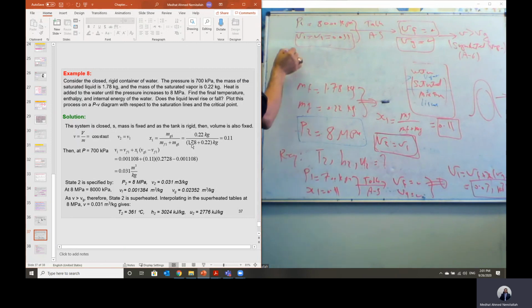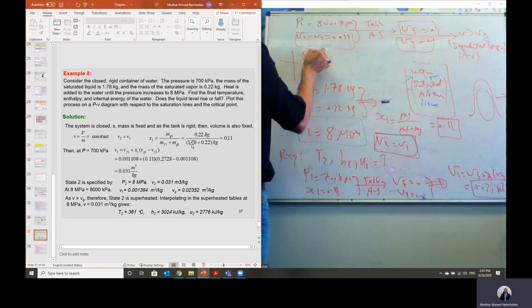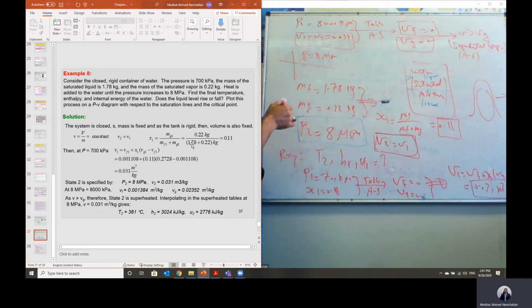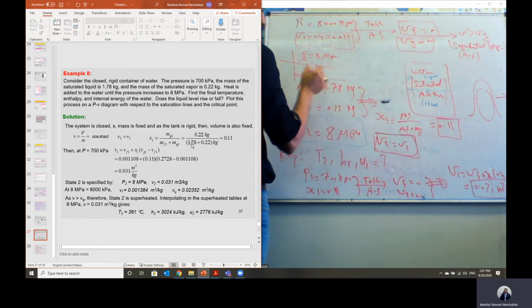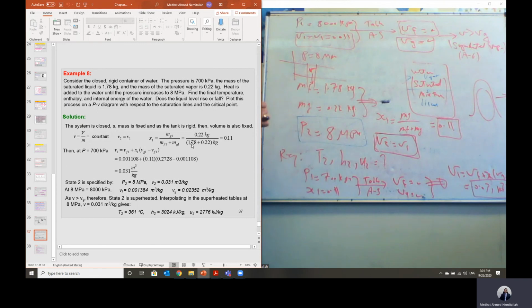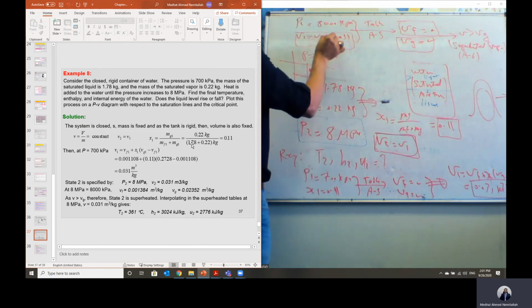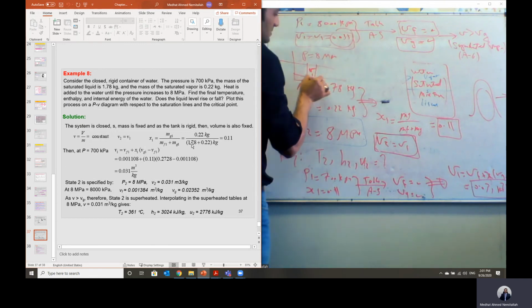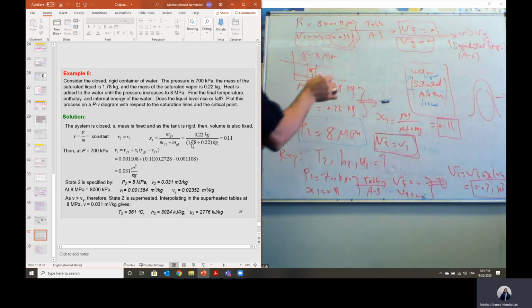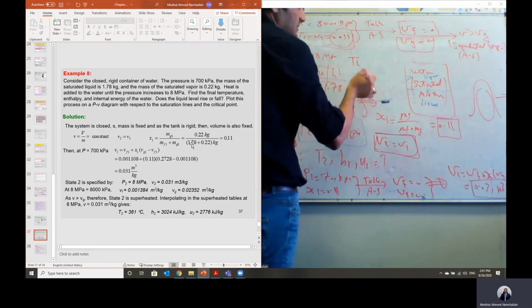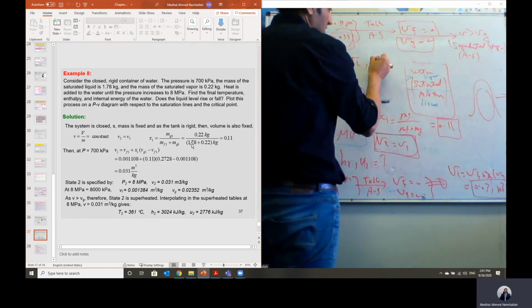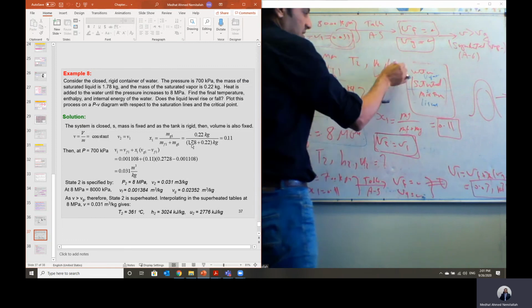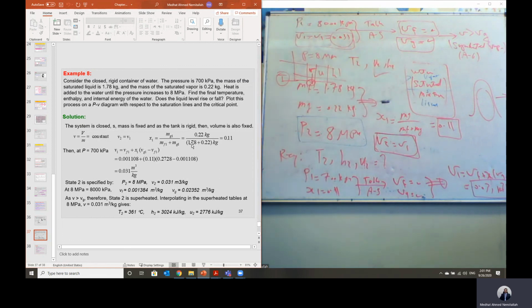So using table A6 at pressure equal to 8 megapascal, you can look at the table, you will find the specific volume given. Go down in this table until we reach the value of specific volume equal to this value. Then we can read the other parameters, including the temperature T2 given here. The value of internal energy will be given, and the enthalpy will be given also. Then we can get all of these parameters.